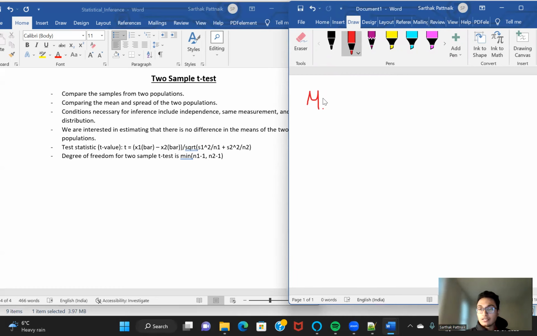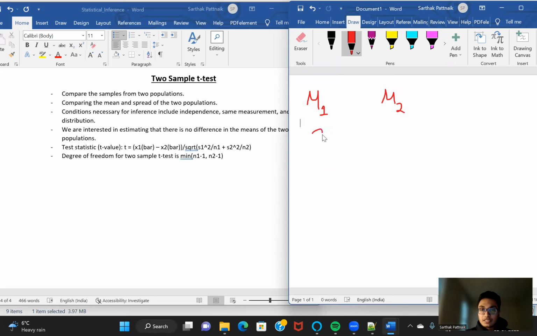This would represent the mean of the population, and this was the unknown parameter. Now here, we have two unknown population parameters, mu1 and mu2, corresponding to the two samples, sample 1 and sample 2, corresponding to the two populations, population 1 and population 2.